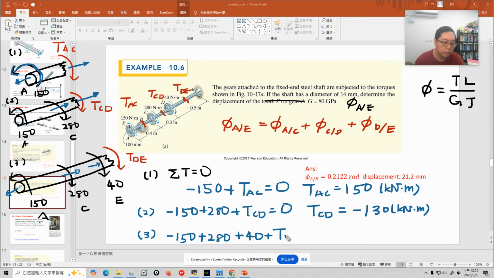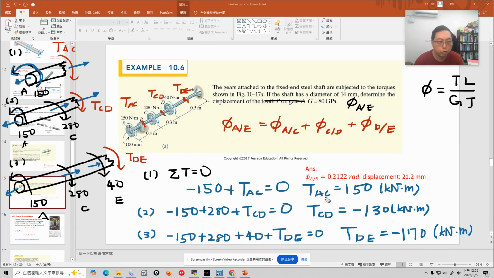And plus TDE equal to 0. So TDE, what's the value? Be careful when you calculate this: minus 170 kilonewton times meter. Let me finish this direction.